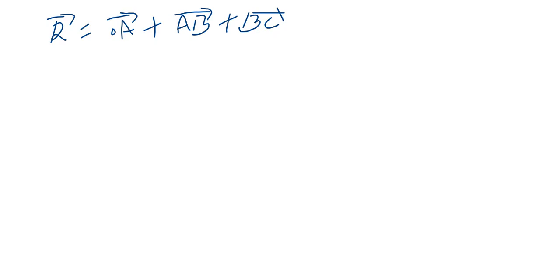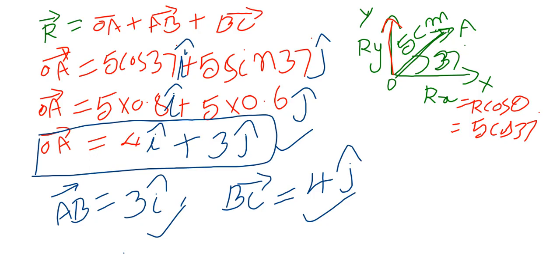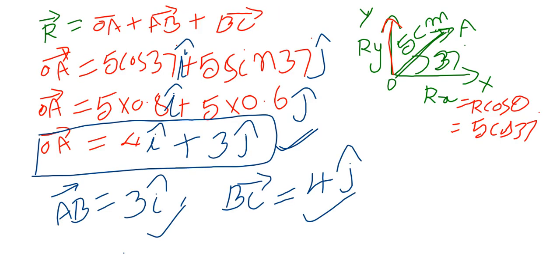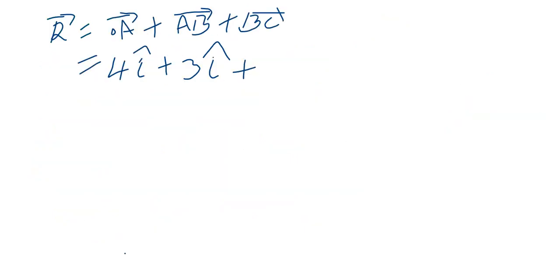The value of OA bar is 4i cap plus 3j cap. The value of AB bar is 3i cap. The value of BC bar is 4j cap.